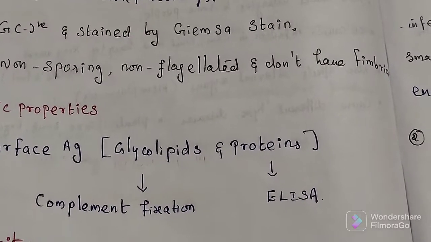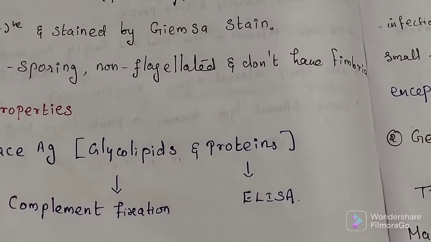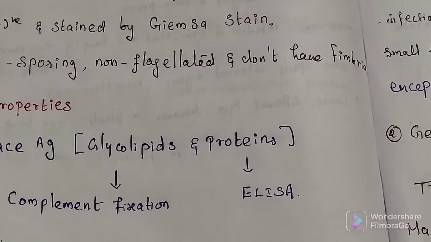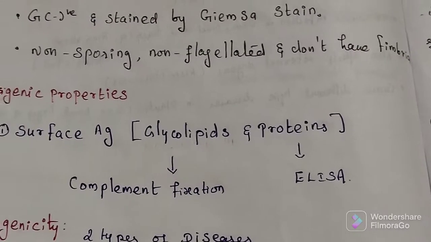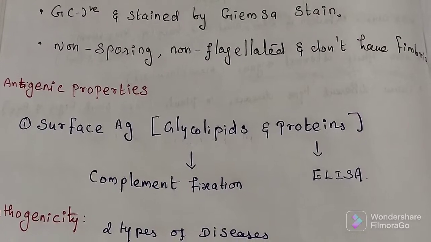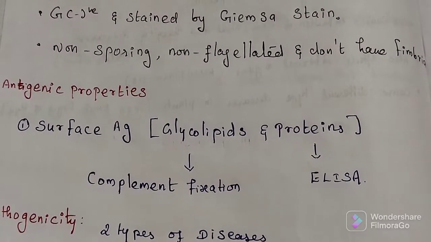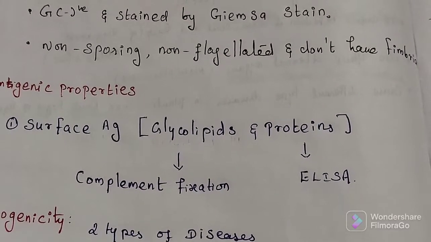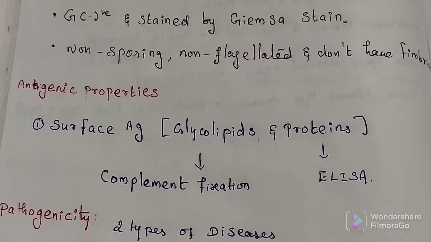Protein antigen is identified by ELISA, enzyme linked immunosorbent assay. So these are the main antigenic properties in mycoplasma.